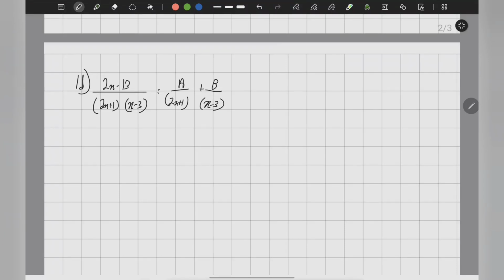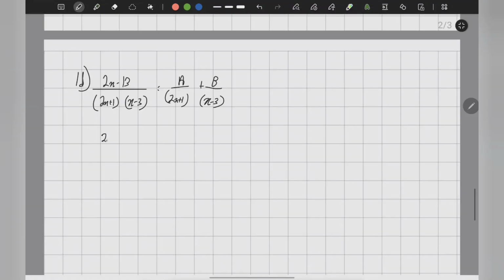Next, we cross multiply and compare the coefficients of the numerator. So comparing coefficients of the x values and the constants.